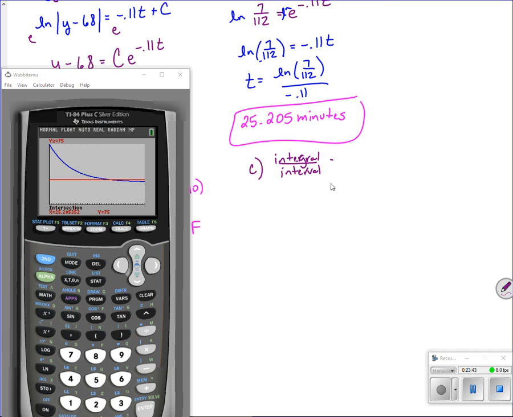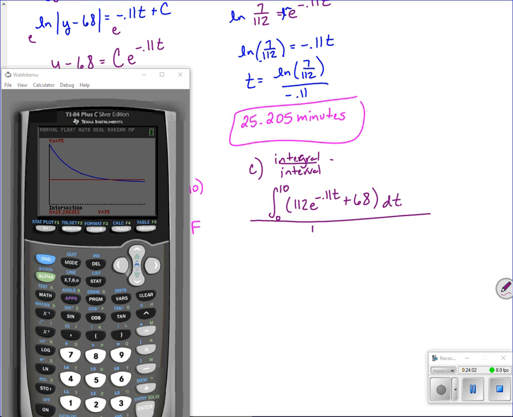So the integral is going to be the integral from 0 to 10 of our equation. I don't know why I'm putting the 68 at the end this time, but I did. Oh well, doesn't matter. Integral divided by interval.